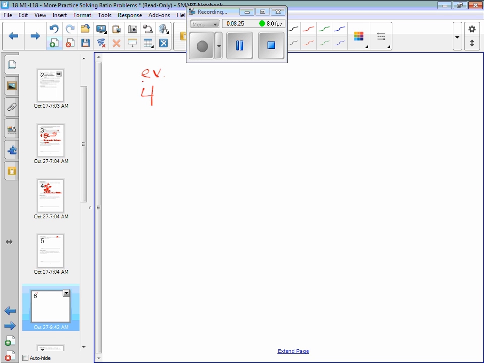Exercises 4 through 8 is all groups doing that. We're doing 2, plus 2, yeah, okay. 2, and then 4 through 8.